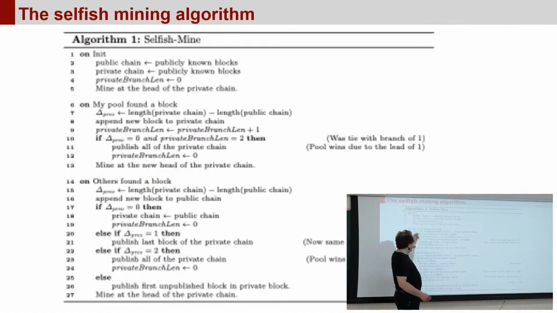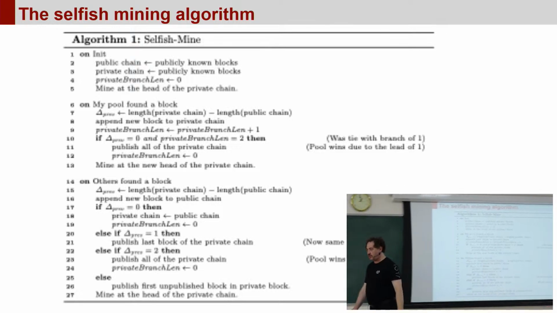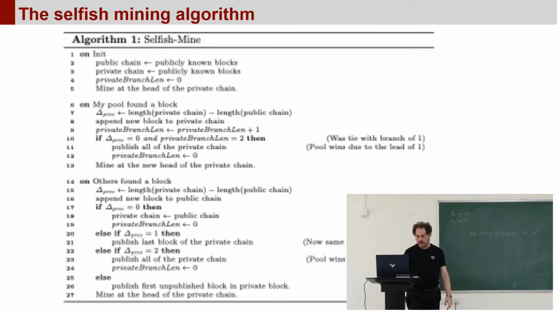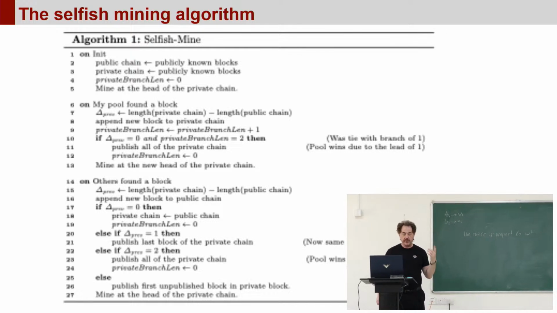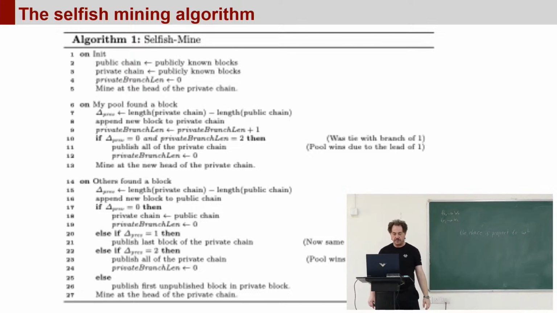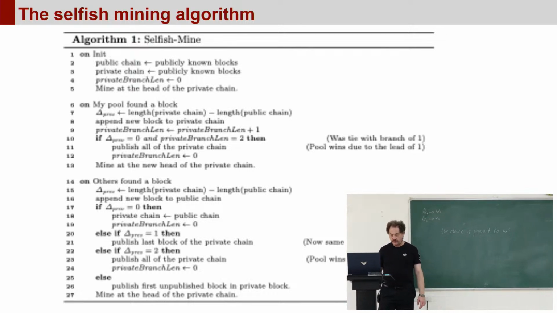Then we are always watching the difference in length between the private and public chain. Initially the private chain length is 0, because we just took the blocks from the public chain. And then we mine on the head of the private chain.